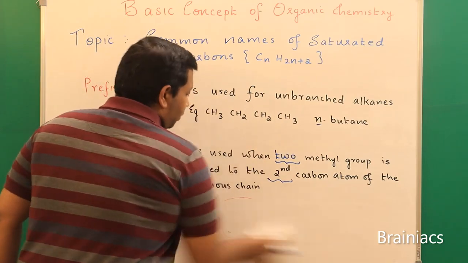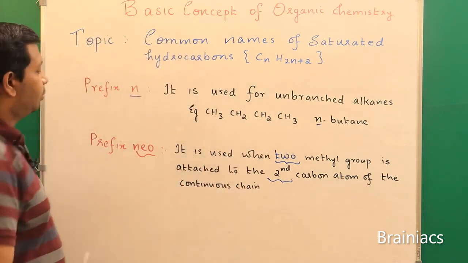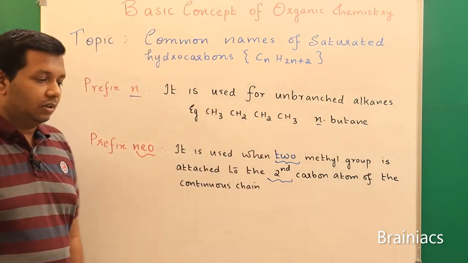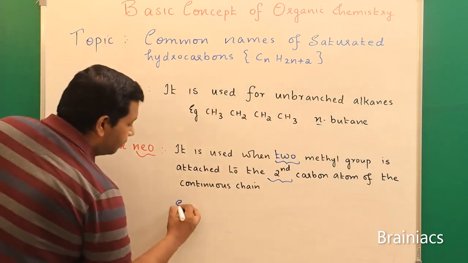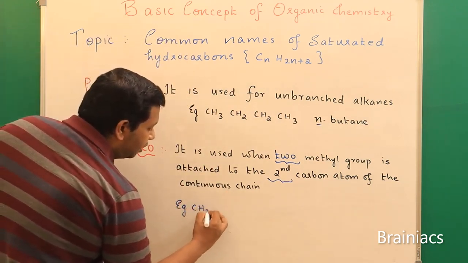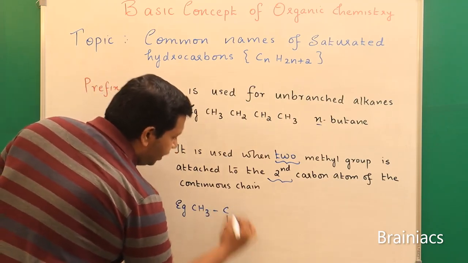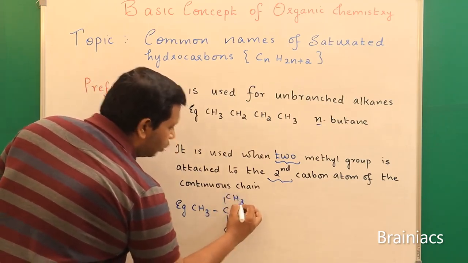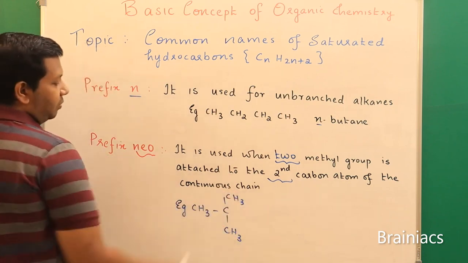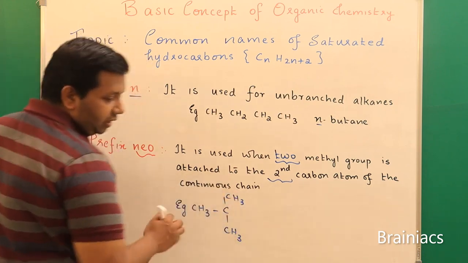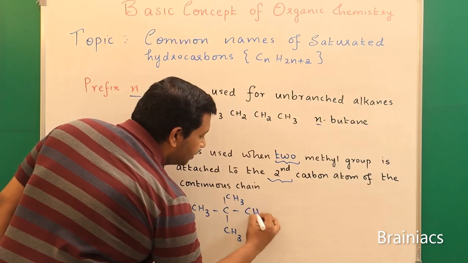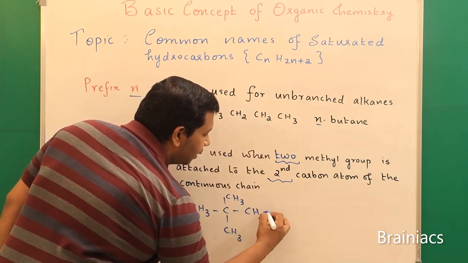In the case of neo, I can draw the example CH3, hyphen C, CH3 and CH3. So altogether 2 CH3 groups are connected, and you have something like this.